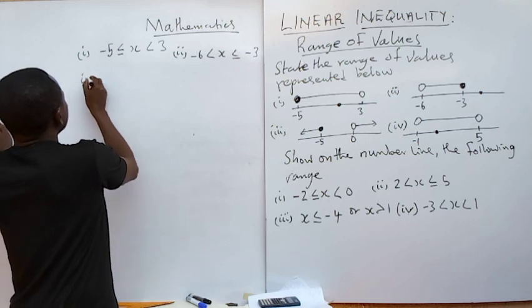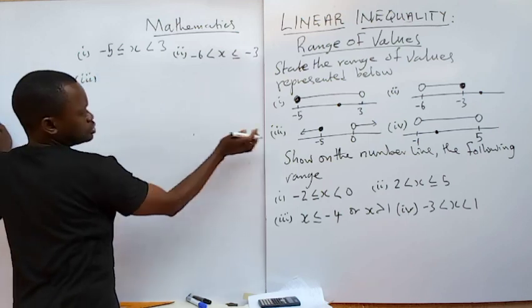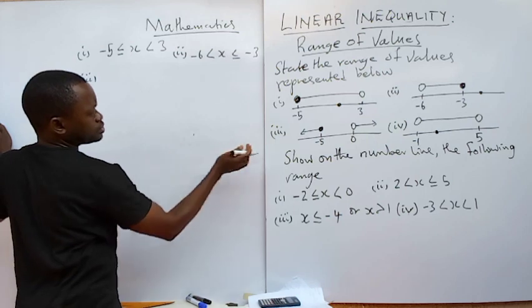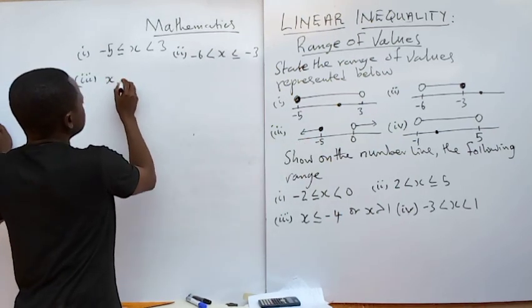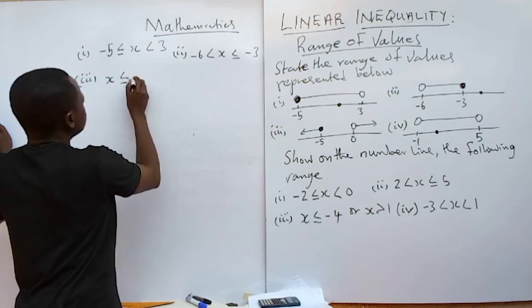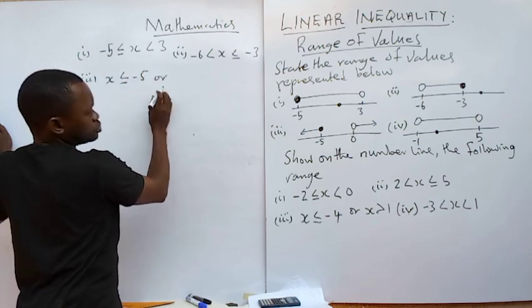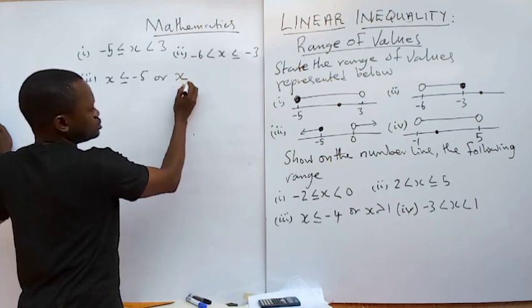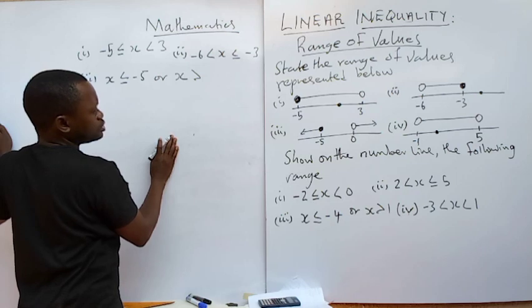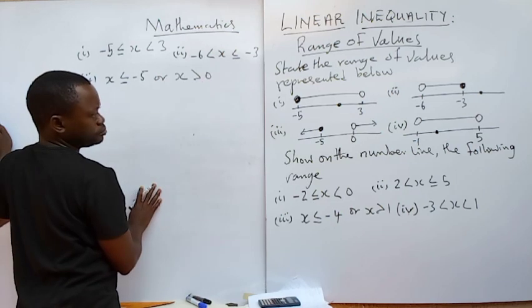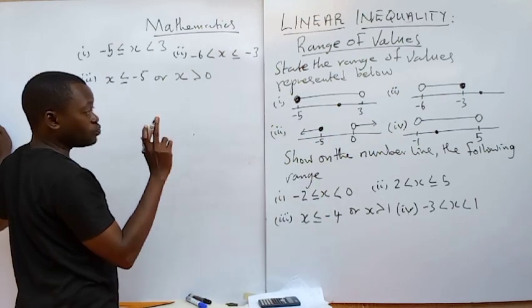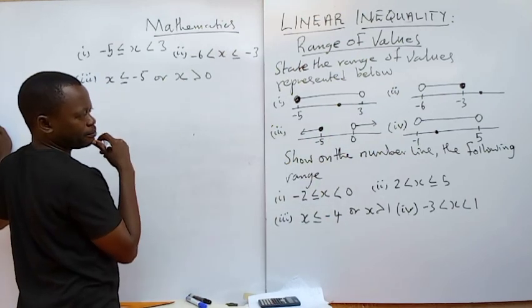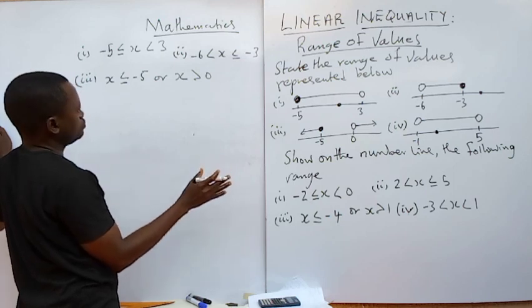Then the third one says that x is less than or equal to -5, or if it is not that, then x is strictly greater than 0. That's the interpretation of this. I am sure that is well taken. Please look at it again and again.